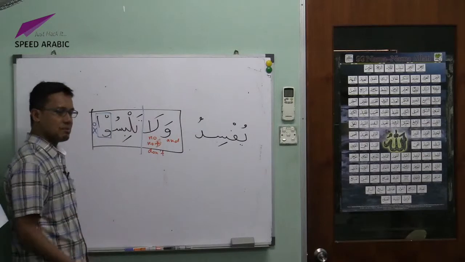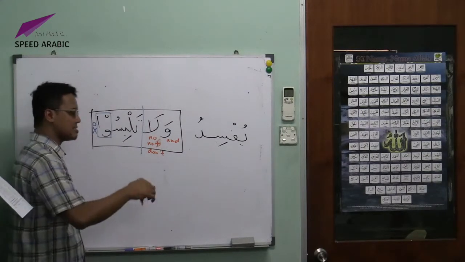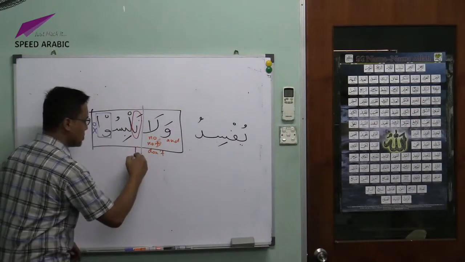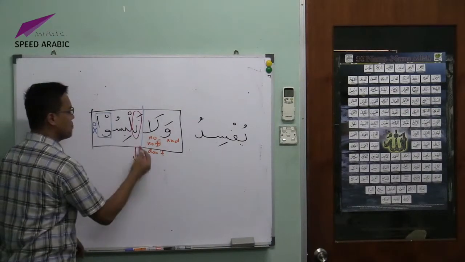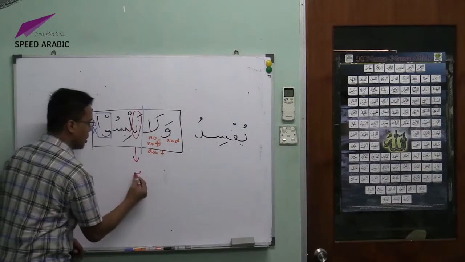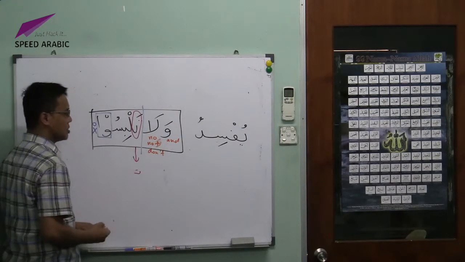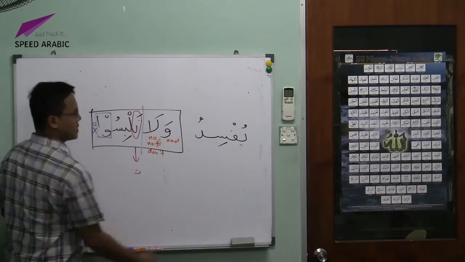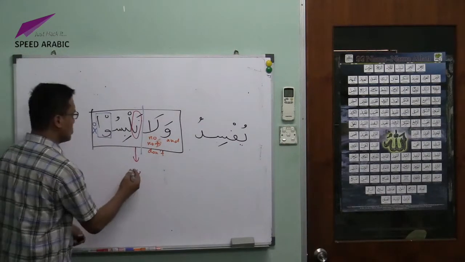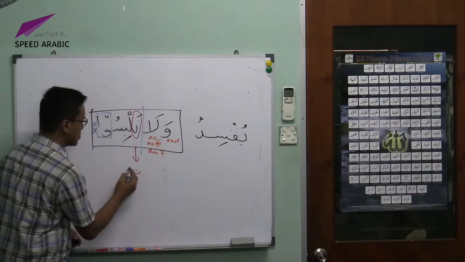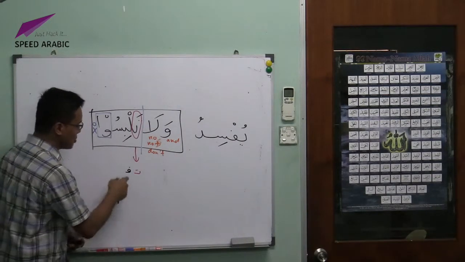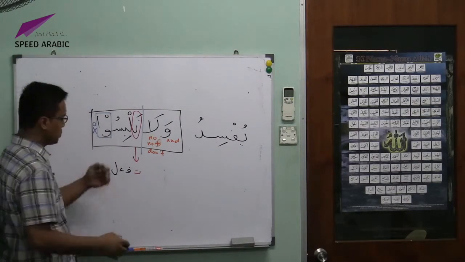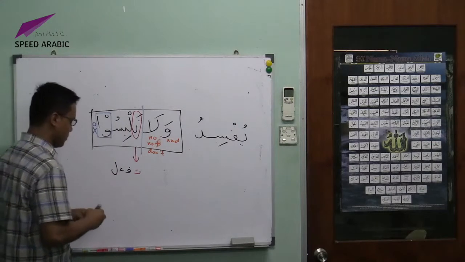So you need to remember that the first step of the second step is to bring down the prefix. The prefix goes down, and then the root doesn't go down. The root you put in place of fa'il lam.